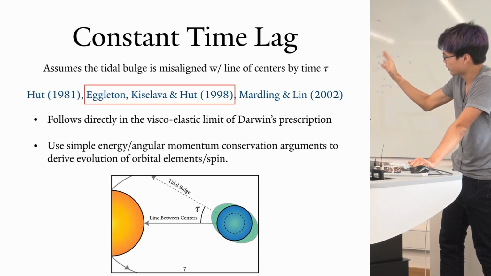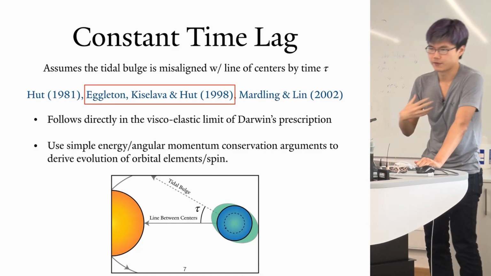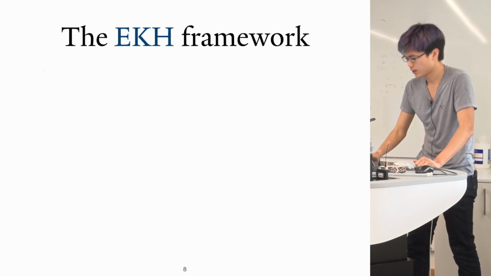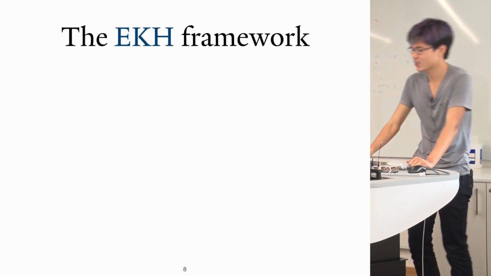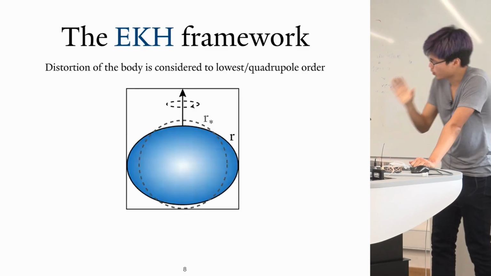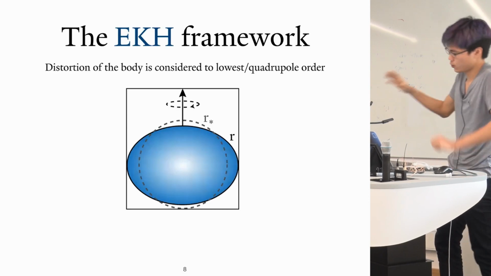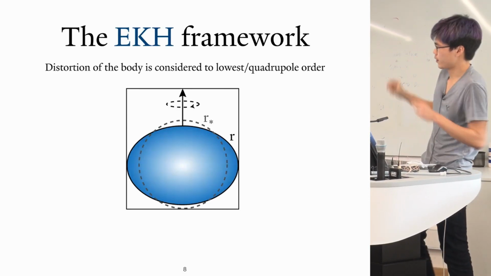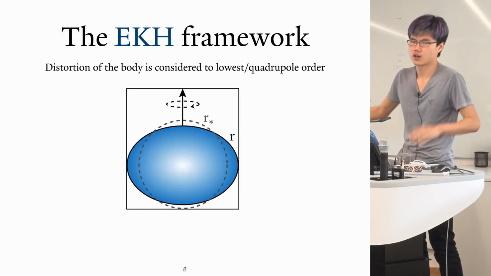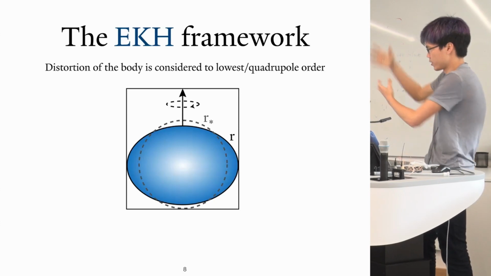So we're going to take a closer look at the Eggleton, Kiseleva, and Hut formulation, which is the one that I've implemented in my code. In this EKH framework, the distortion of each body is considered to lowest, or quadrupole, order. This means that if you take an equipotential surface, you can define a volume radius r star, which is the radius this body would have if it was a perfect sphere.